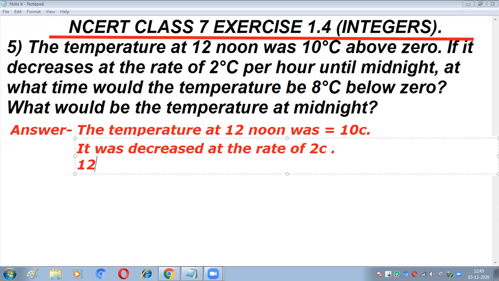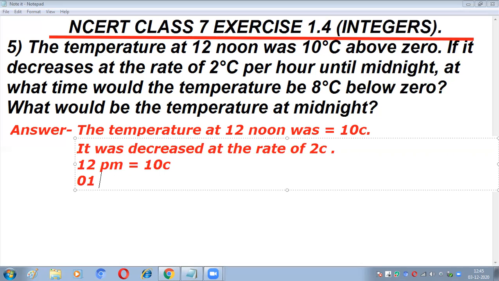So at 12 noon, that means we can say 12 p.m., it was 10 degrees Celsius. Okay, so next will be 1 o'clock.